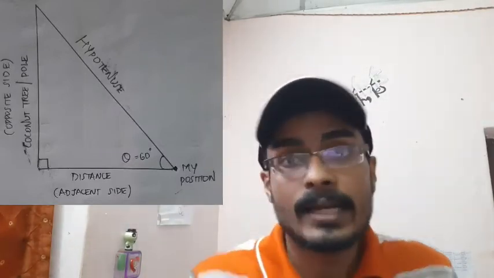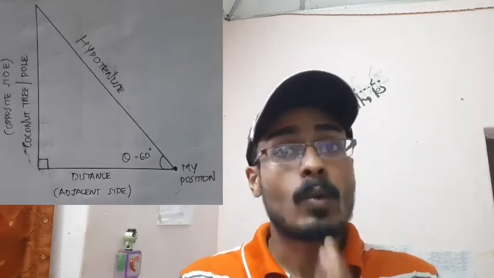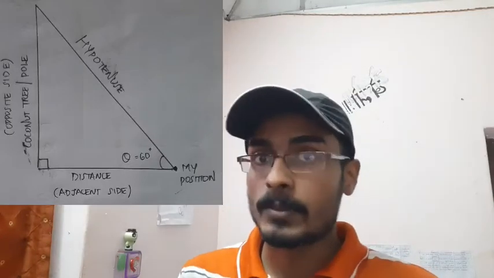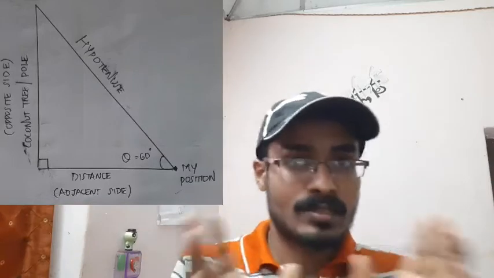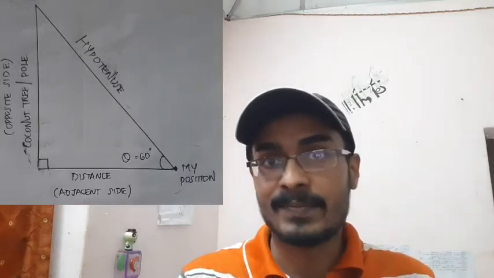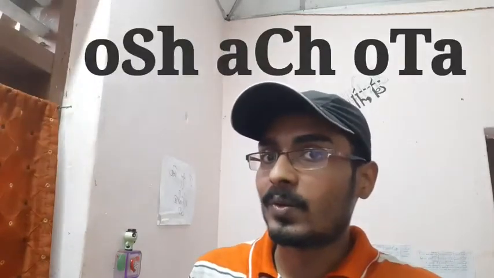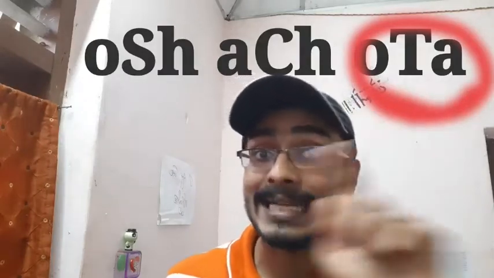Okay, I know these two things. Now what I'm going to find, I do not know the hypotenuse. I do not know the height of the tree or the pole. Now what I'm going to find is the opposite side of this angle, right? Now the opposite and adjacent, which thing gets interrelated? Opposite divided by adjacent. From Osha chota, code word, opposite divided by adjacent is tan theta.